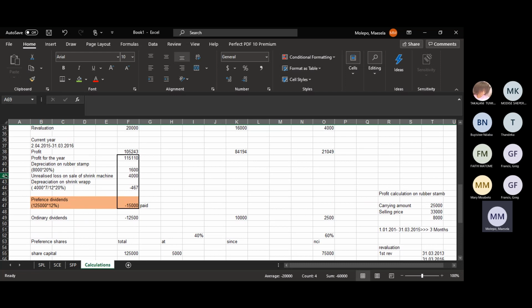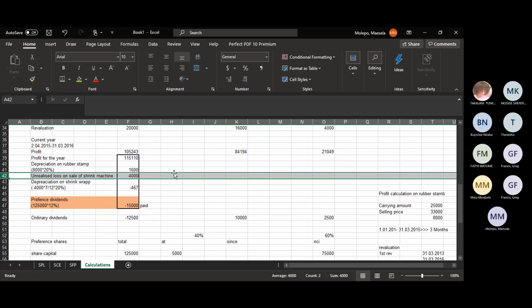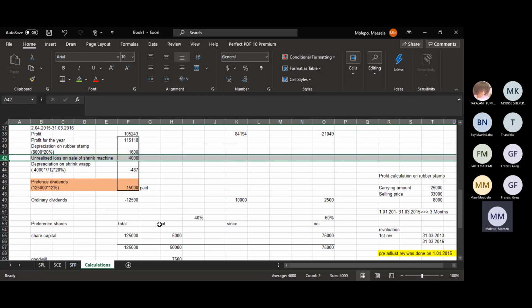Because the profit is not yet realized, it needs to be subtracted as an expense. So it follows the admin part. We're gonna less this unrealized profit of 4,000, and then the other portion, which will be the depreciation charge.